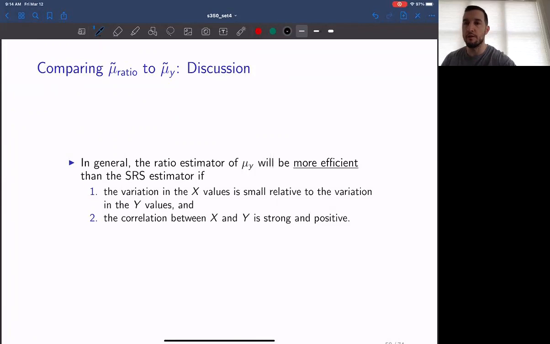This is because, as we have previously established, the value of the ratio estimation approach is that it utilizes information from that auxiliary variable to improve our estimate of the parameter of interest. So we would expect that if we have information on this auxiliary variable and that auxiliary variable is strongly correlated with y, so it's actually contributing information, it's changing in the same way that the variable of interest is changing, that this would play an important role in our estimation procedure.